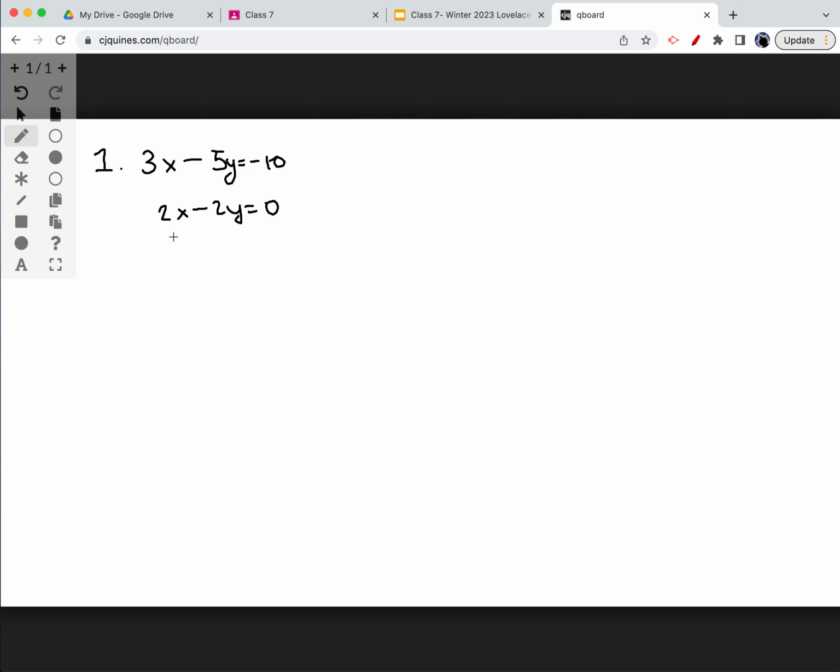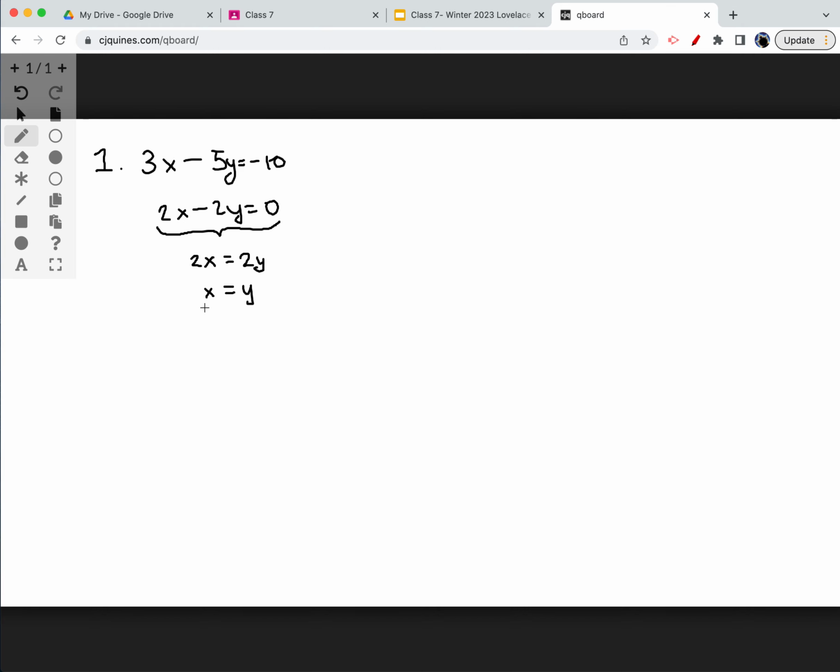So the easiest way to do this would probably be substitution. So let's look at this over here. If we have 2x minus 2y is equal to 0, that means that 2x is equal to 2y. So then we get x is equal to y.